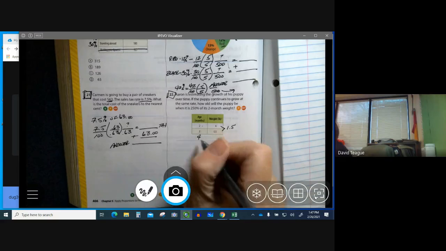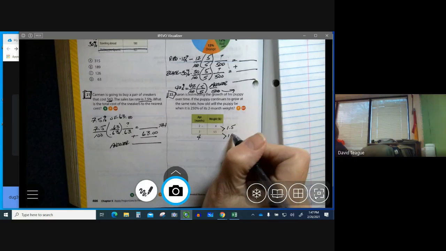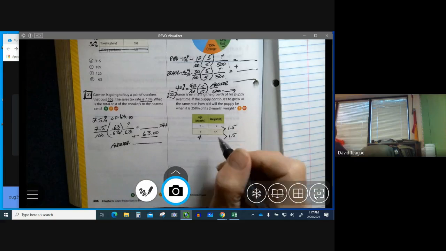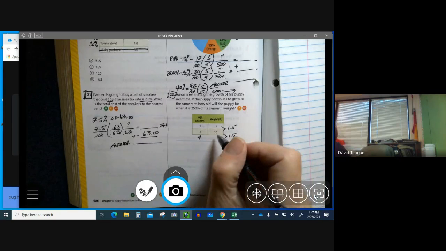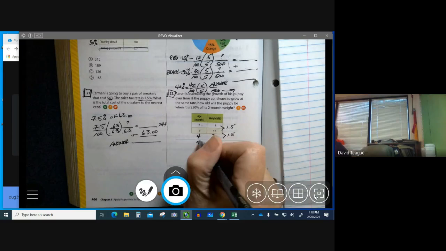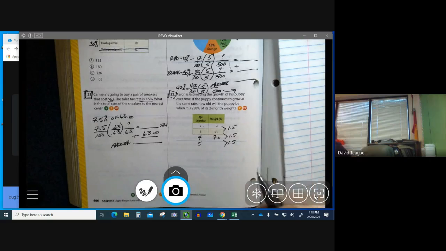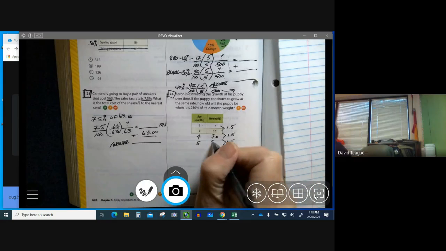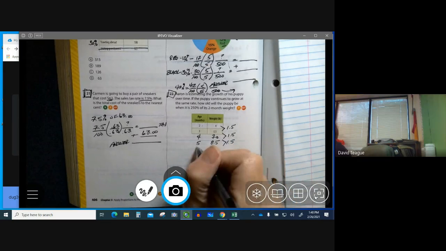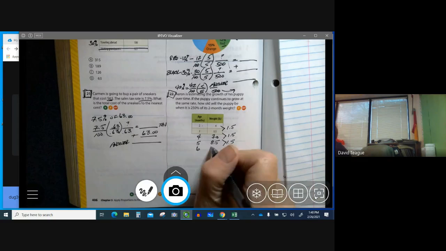So month 4, if the puppy gained another 1.5 pounds, it would be 7 pounds. Month 5, another 1.5 pounds, would be 8.5 pounds. Month 6 would be 10 pounds.